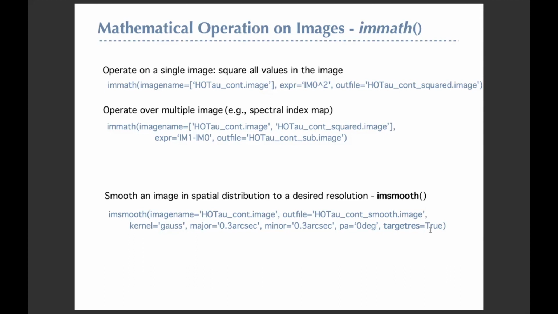This is particularly useful when we try to compare the source properties in images with different original beams. Usually data taken at different time epochs or with different telescopes can have a different beam shape, and these can then be compared by first smoothing them to the same restoring beam.